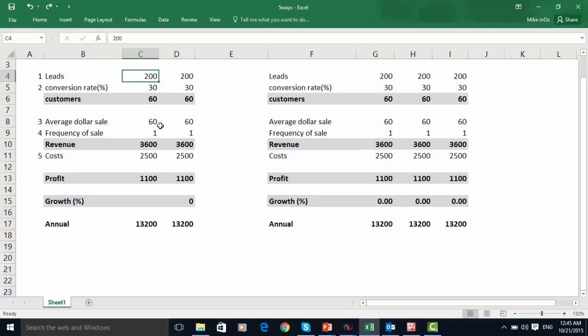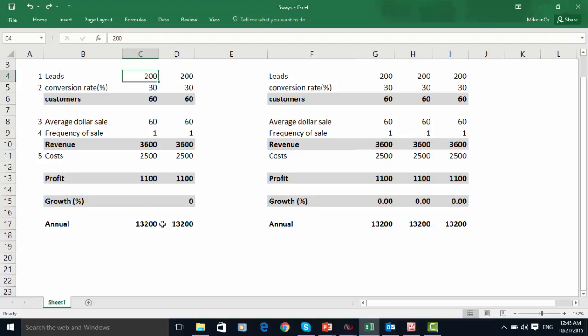If our average dollar sale is $60 and there's 1 sale per customer, then we have a revenue of $3,600. If our 5th and final area, i.e. our costs, is $2,500, that gives us a profit of $1,100. Annualized is $13,200 if we maintain the status quo.